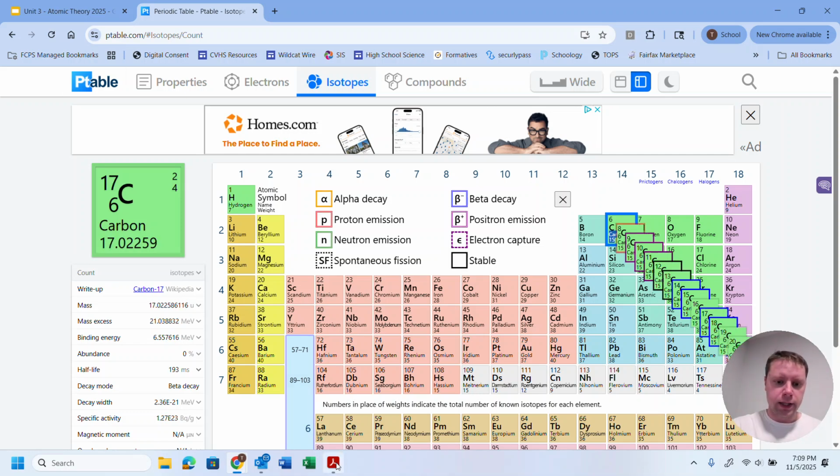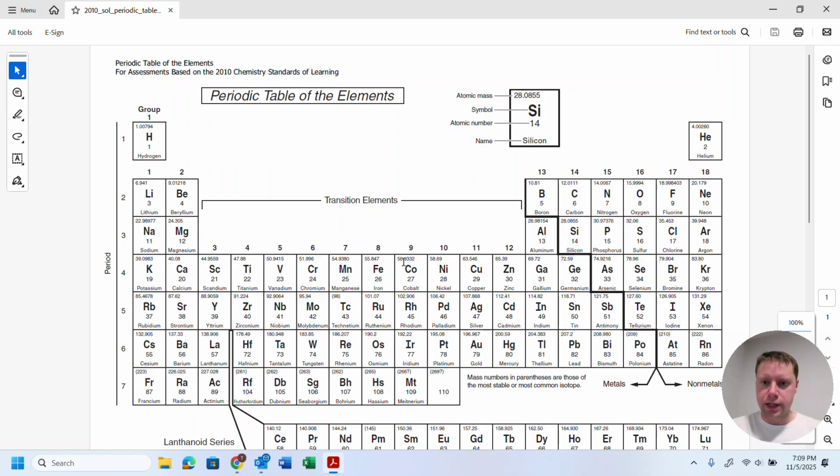Okay. Now, if we look at our periodic table, here on the periodic table, we can see that carbon has an atomic mass of 12.0111. Now, many of you are probably thinking, well, how do we have a 0.0111 of a proton or of a neutron?